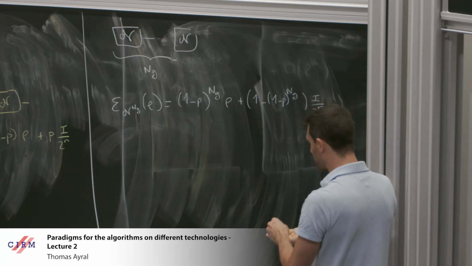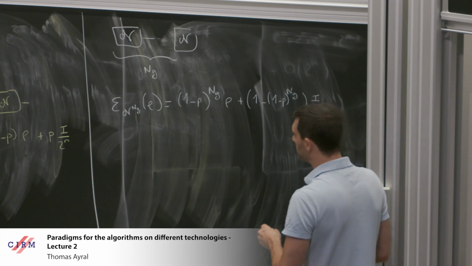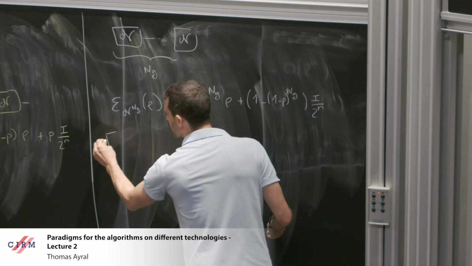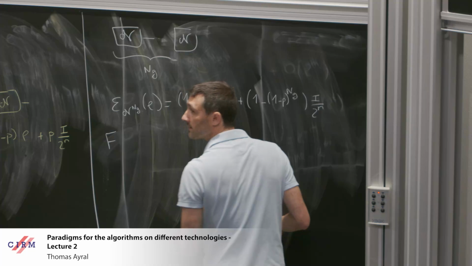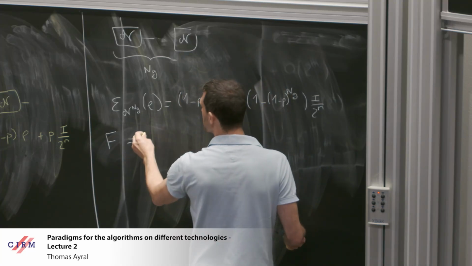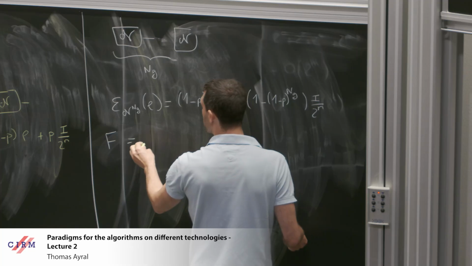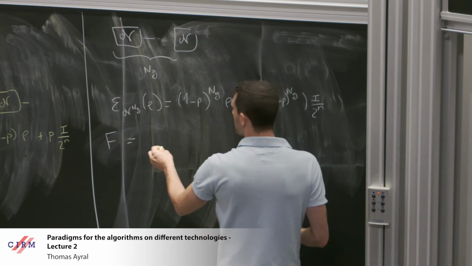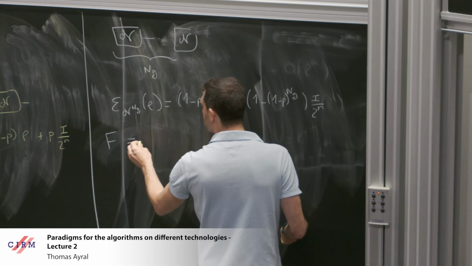And the reason why I want to emphasize this is that a very interesting measure that we use all the time in quantum computing is the fidelity of a state with respect to another. And in our case, what we want is to check the fidelity of the state I would have gotten in the absence of noise and the state with noise.